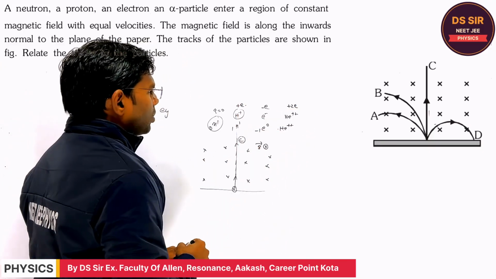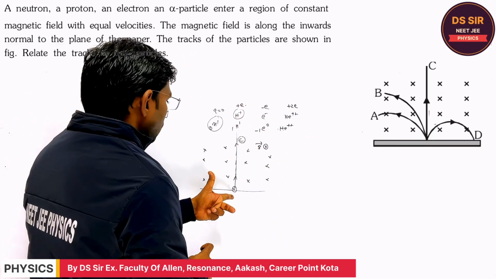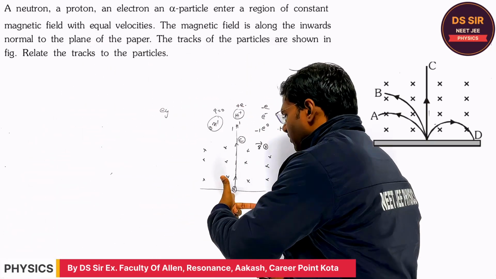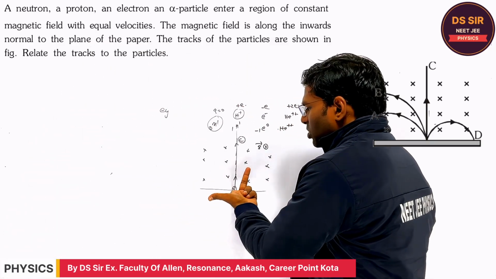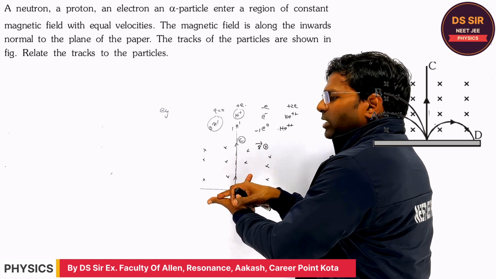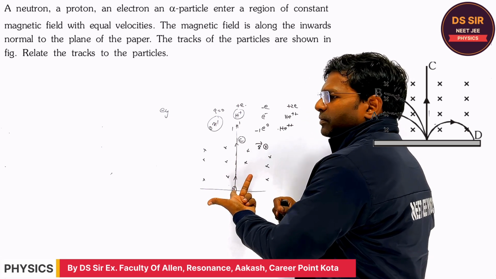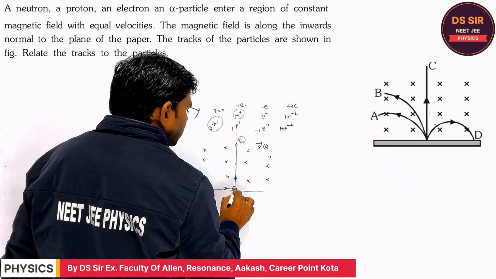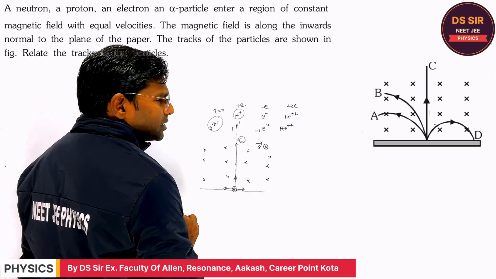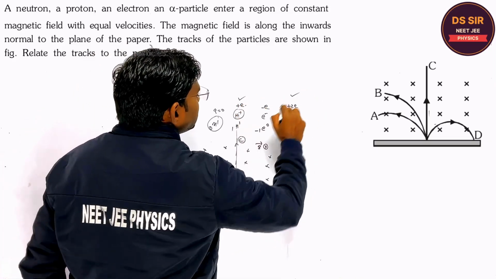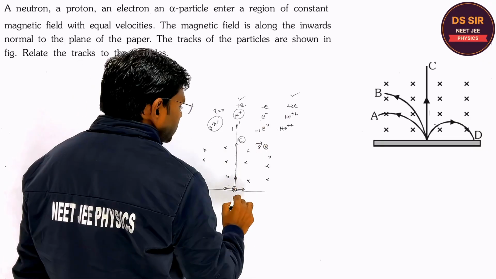Apply Fleming's left hand rule: this is the magnetic field, this is the direction of the velocity, and this is the direction of the force acting on a positive charge. The negative charge gets force in the opposite direction. The proton is positive, the alpha is positive, and the electron is negative.